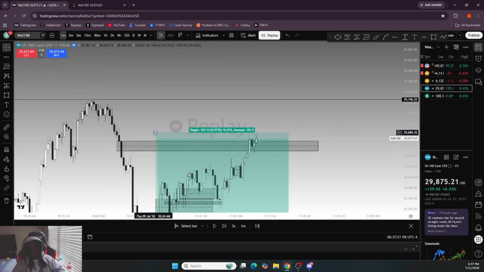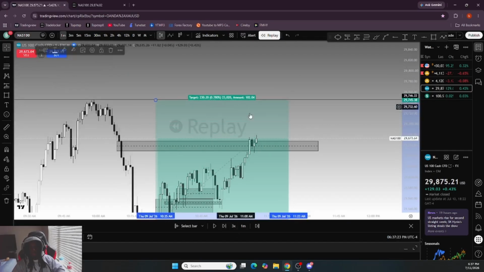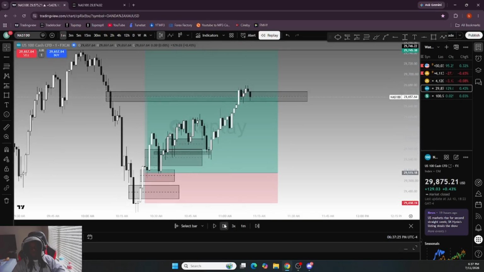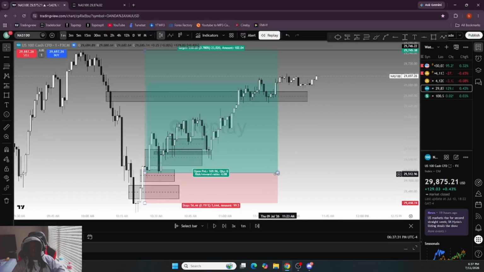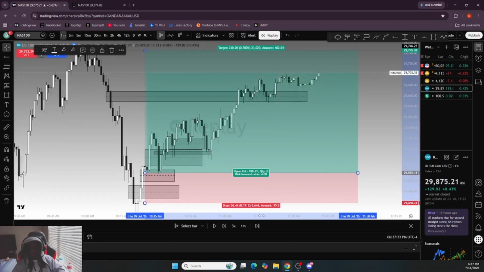And now the final TP was this high right here. I don't even remember if that high got hit or not, but TP3 just got hit. Let's see if all TPs should have got hit on this trade. I'm pretty sure, this trade flew.